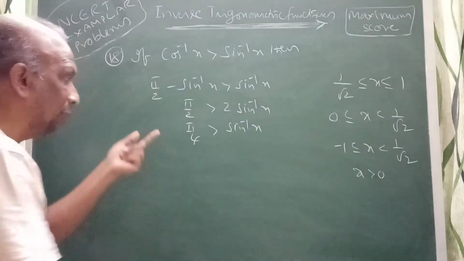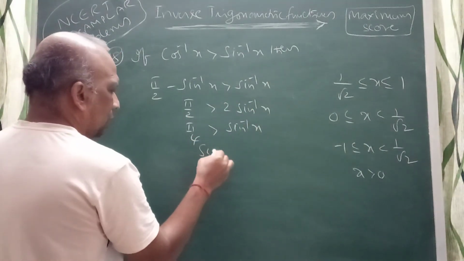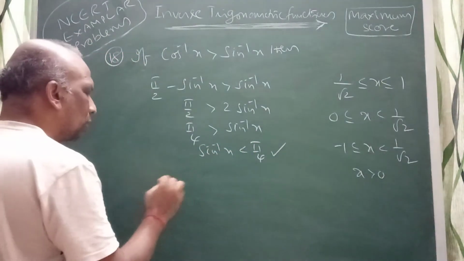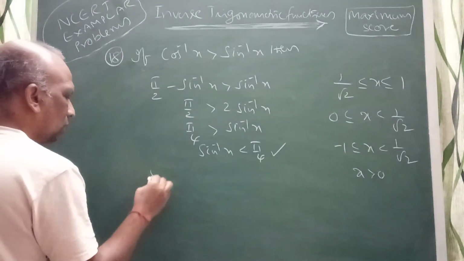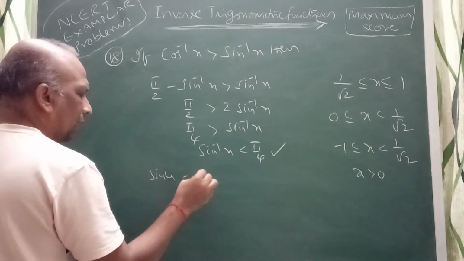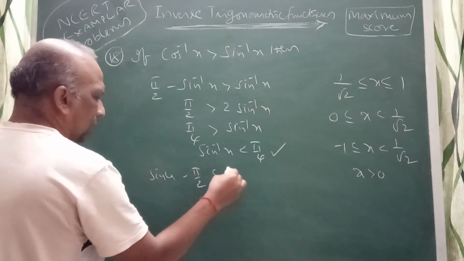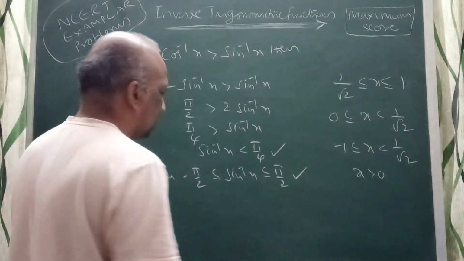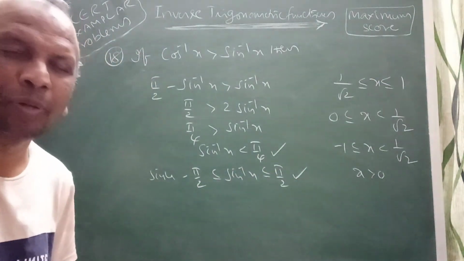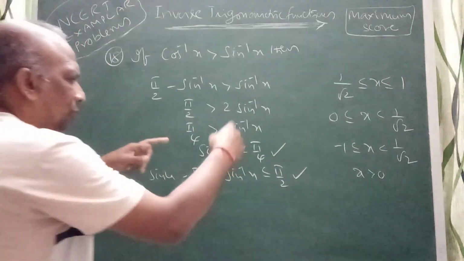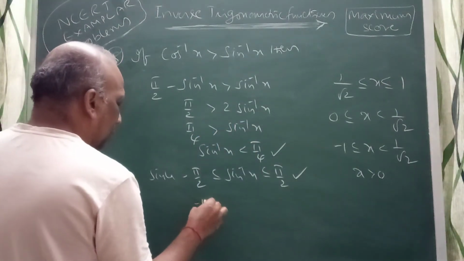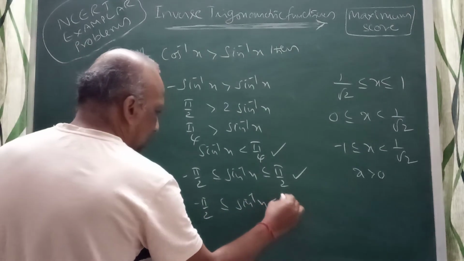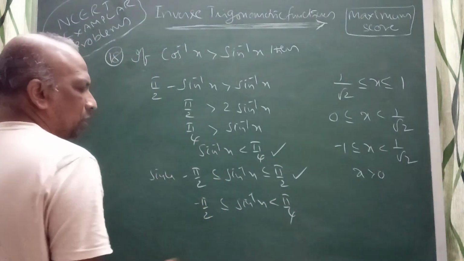But we know that sin inverse x lies between minus pi by 2 and pi by 2. If we consider this, I can get minus pi by 2 less than or equal to sin inverse x less than pi by 4 according to this.